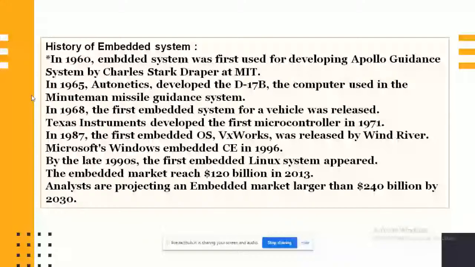And now still it is progressing, due to the embedded concept, then FPGA systems, miniaturization, development in software, networking, sensors, actuators. This field is developing every second, and it's a promising field.